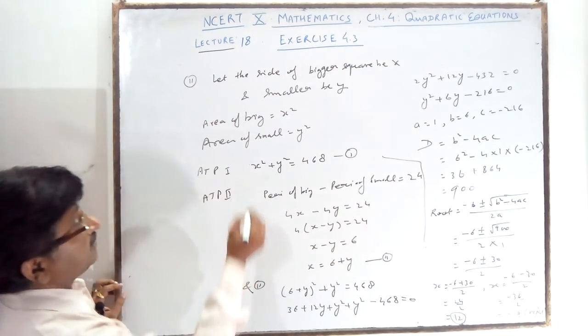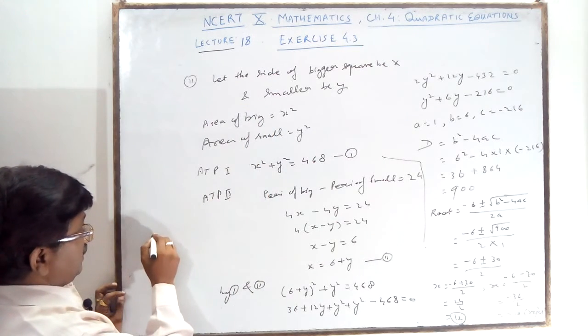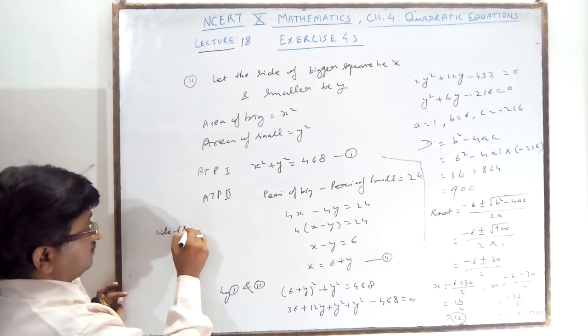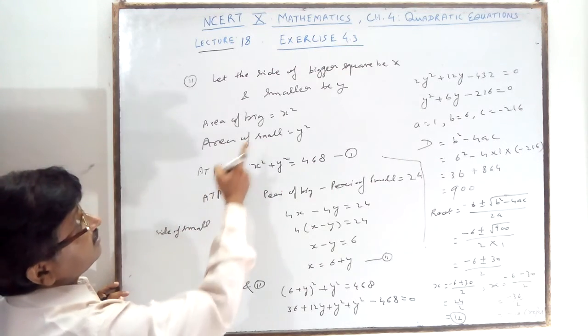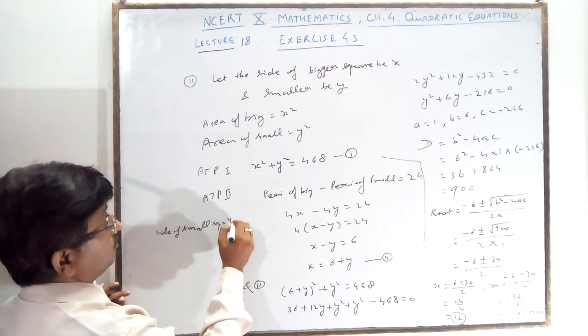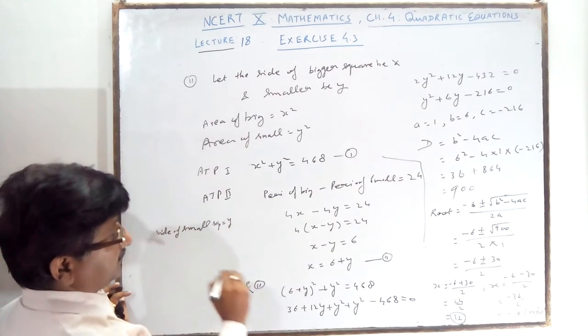So therefore what you are getting is the side of the small square is equal to y.